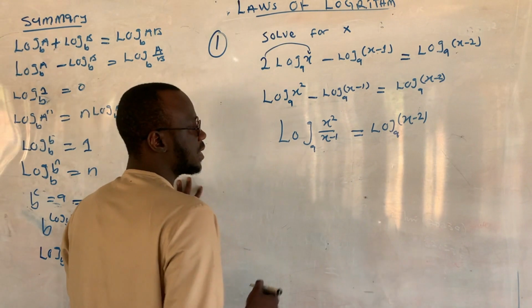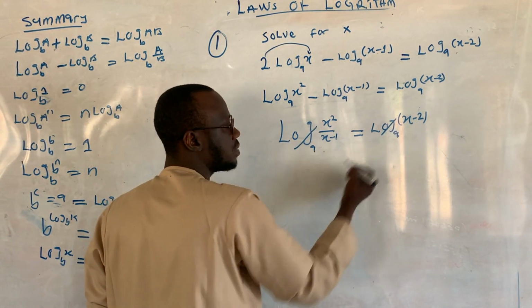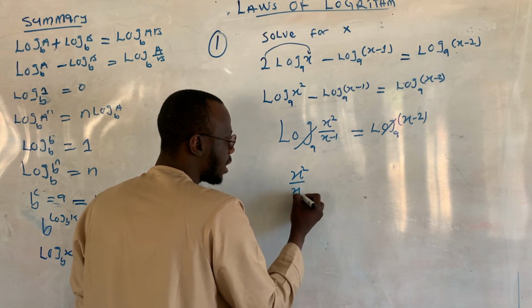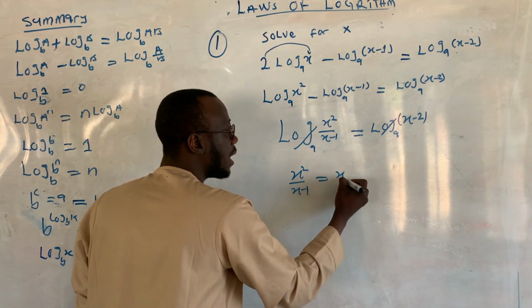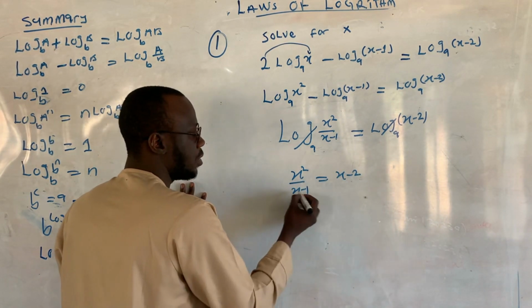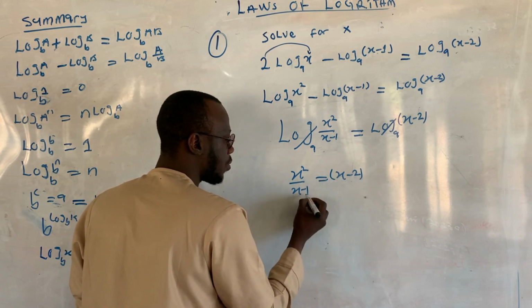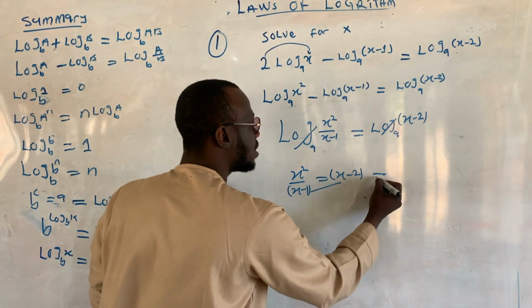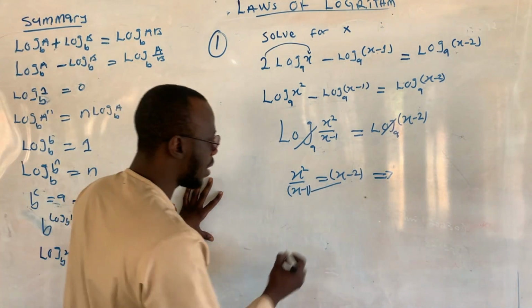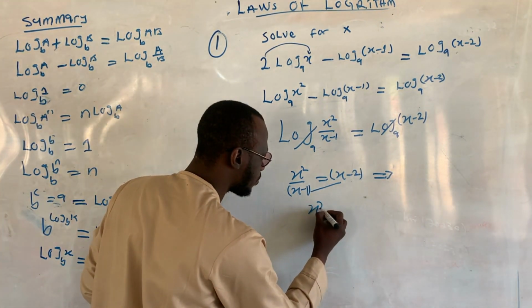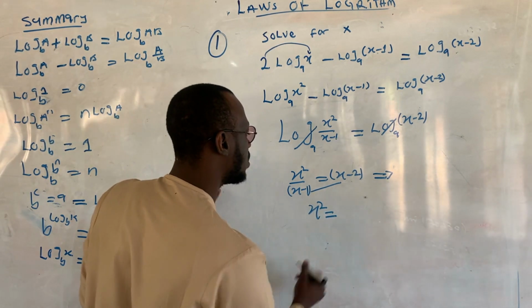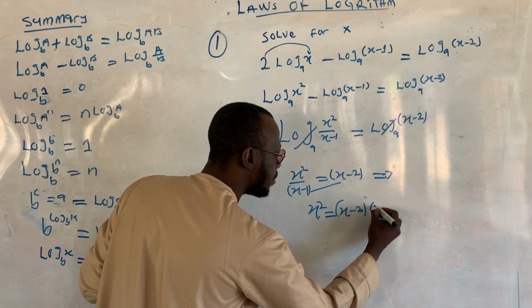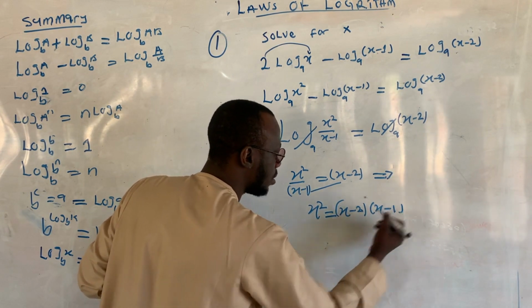Now, in this case, the log can cancel out. Here we have x squared over (x minus 1) equals x minus 2. Then we can cross multiply, and we obtain x squared equals (x minus 2) times (x minus 1).